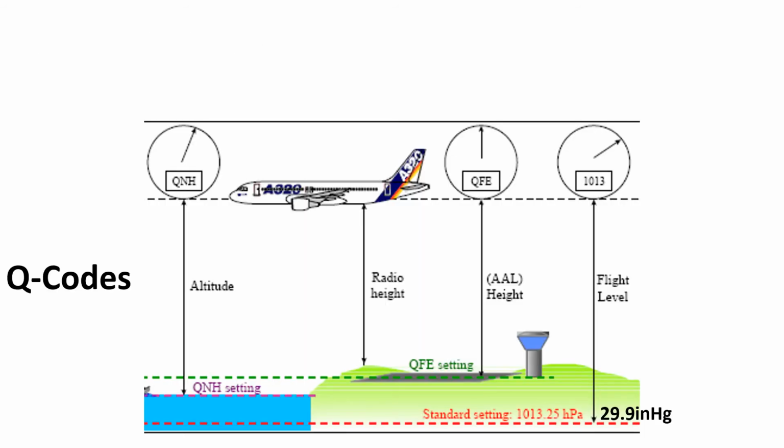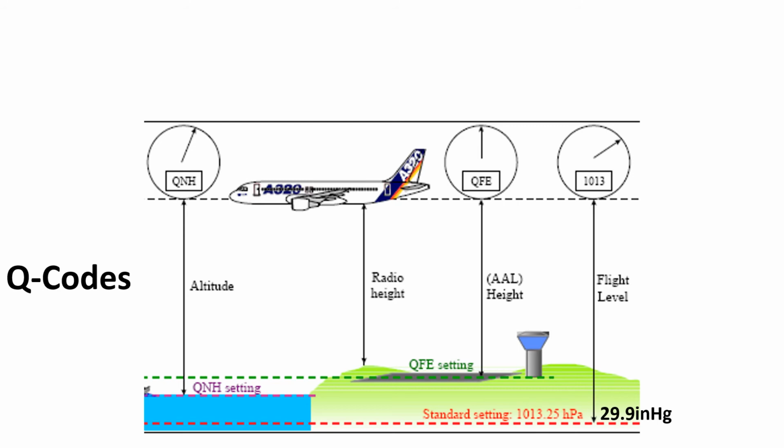We already know how the altimeter works and how to read the altitude from it. We remember that in the altimeter we have the Kollsman window, and we can set the reference pressure to zero the altitude.